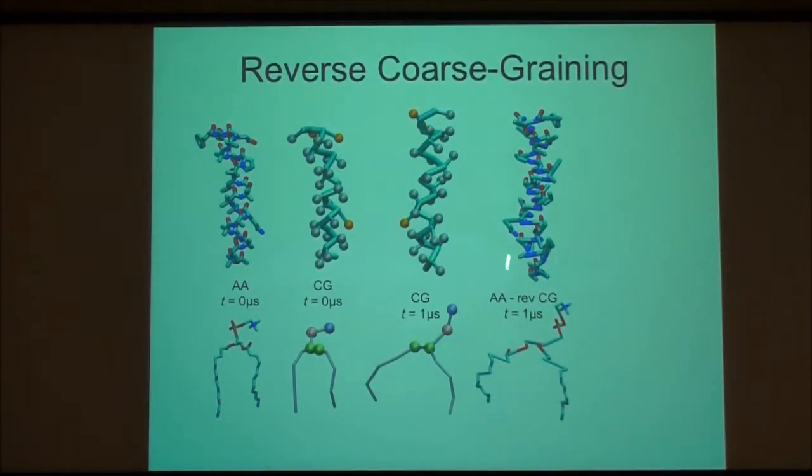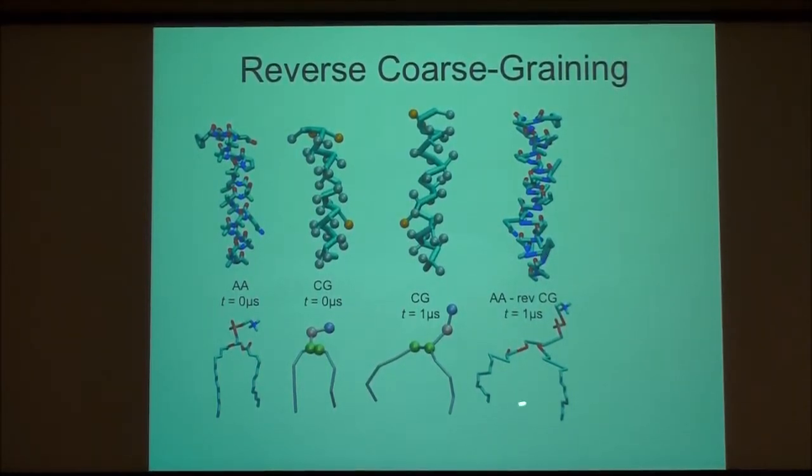As schematically shown here, when you map them back or project them back into atomistic descriptions, you might initially have really bad structures. So the initial mapping doesn't give you a very nice structure.